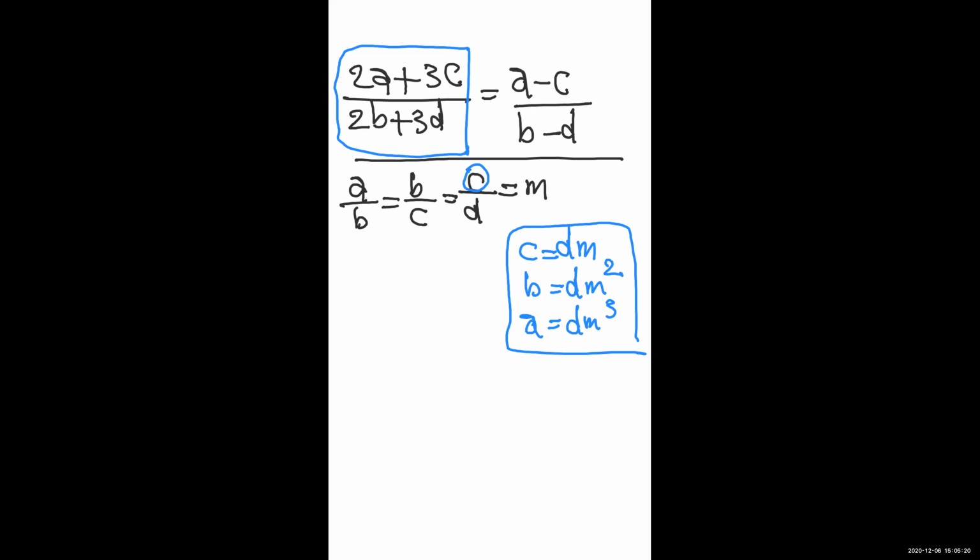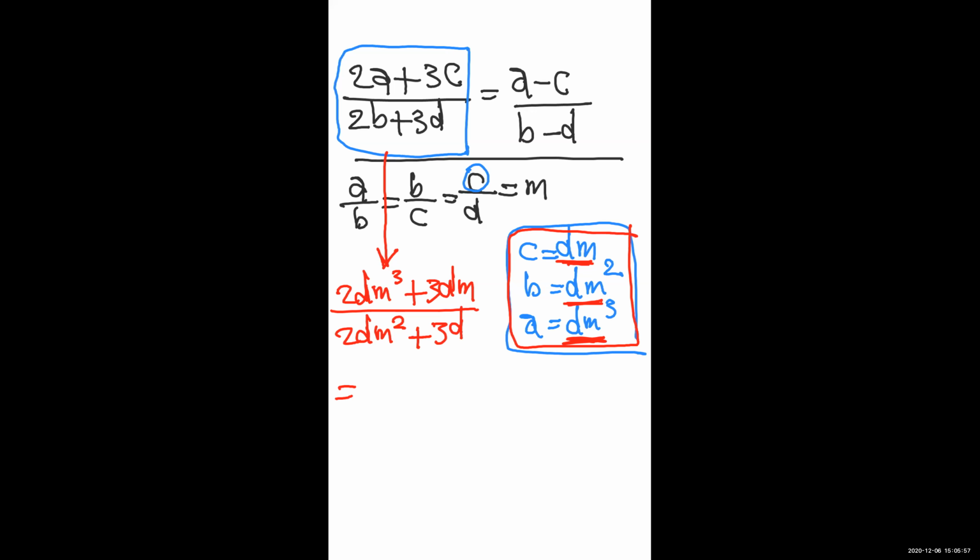So 2A plus 3C, which is this term on the left. 2A means 2dm power 3, plus 3C, 3 times dm, so 3dm, over 2B, 2dm squared, plus 3D. Okay, we don't have D here, ABC only, so plus 3D.